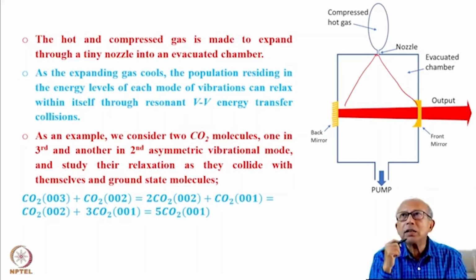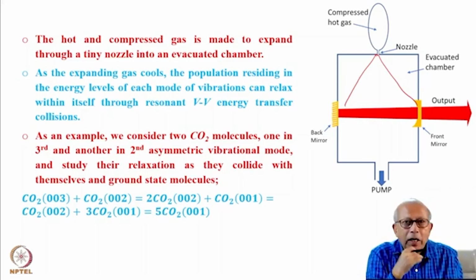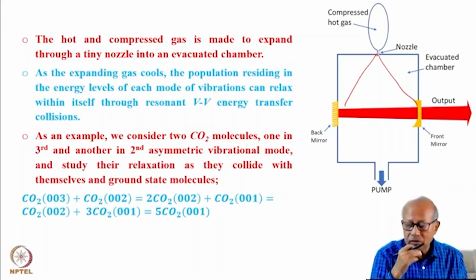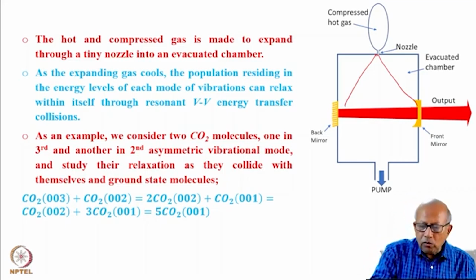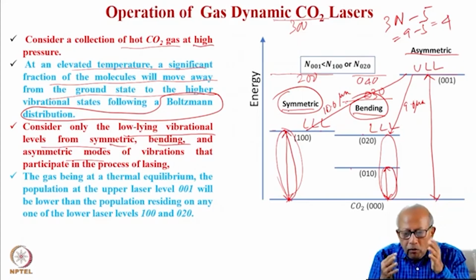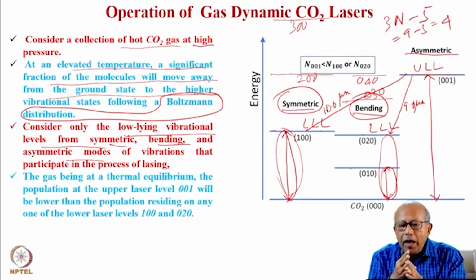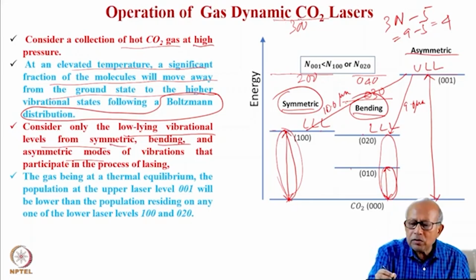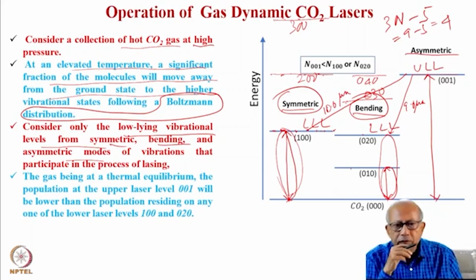I just explained it a while ago in the last class, that the molecules among these levels will collide, and through the resonant VV energy transfer process as a result of collision, all these molecules will eventually come down and come here.